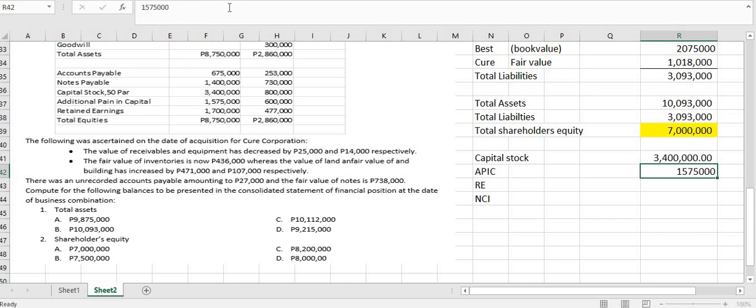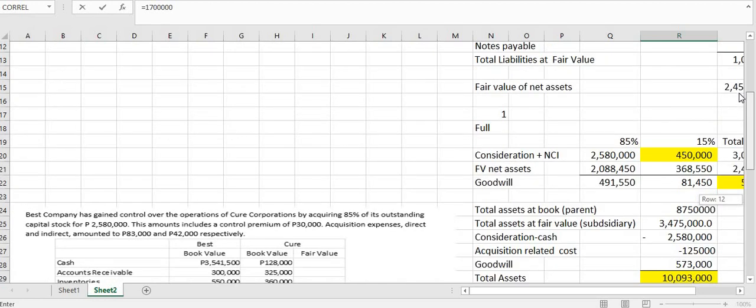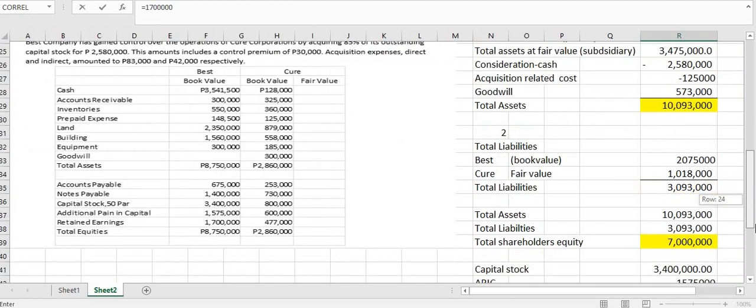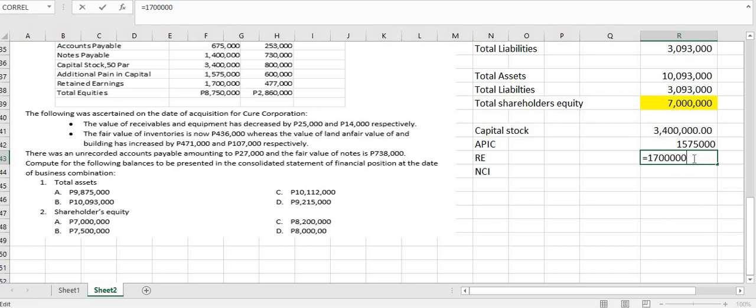And then the retained earnings of 1,700,000, we deduct the acquisition-related cost, which totaled 125,000, because the acquisition-related cost is deducted from retained earnings.